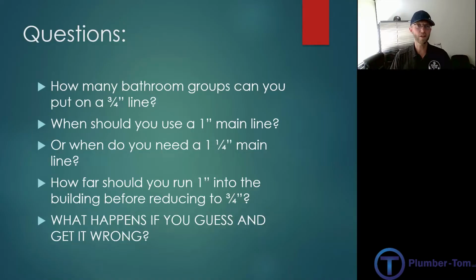Well, how do you know when you need a 1 inch or larger? Once it's inside, how do you know when you go from 1 inch to 1 1/4 if you're running a large distribution pipe? Or how far should you run a 1 inch into the building before you reduce it down to 3/4? And last but not least, what happens if you guess and guess wrong?